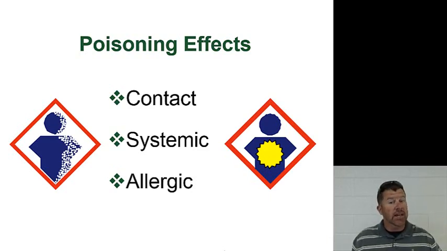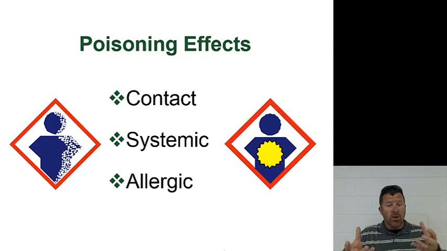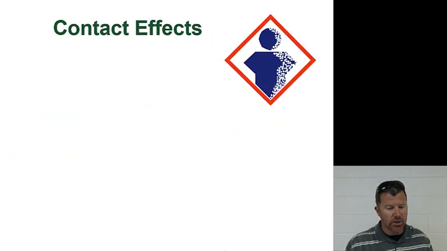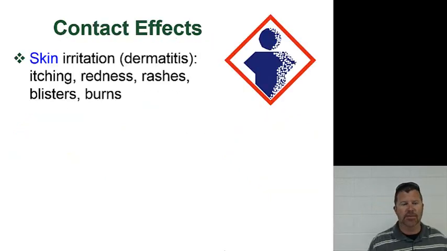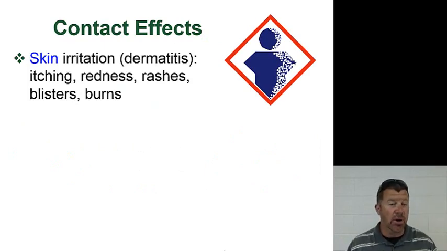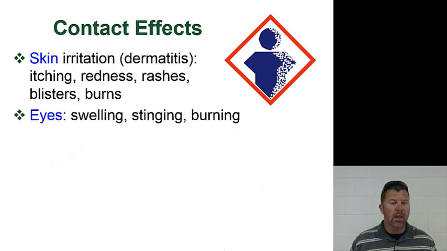Other times it may take the pesticide to absorb into the plant structure and move out through the plant, systemic. And then allergic. The contact effects can be skin irritation, things such as dermatitis, itching, redness, rashes, blisters, burns. You get that pesticide on your skin, you're going to get some itching and redness. Same thing with some gasoline. Eyes.